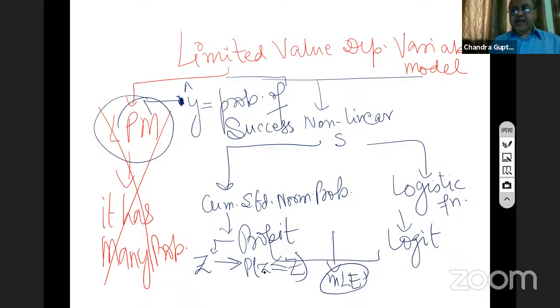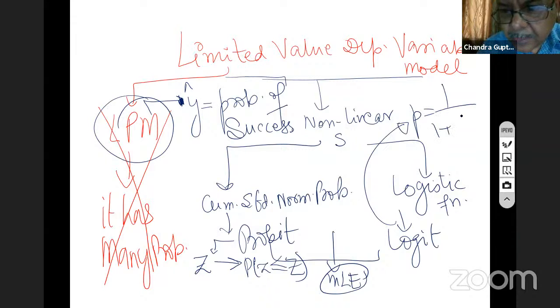In the logistic regression, we get the probability by making use of this function, e to the power z upon e to the power z plus 1. That is another way you can calculate the probability.